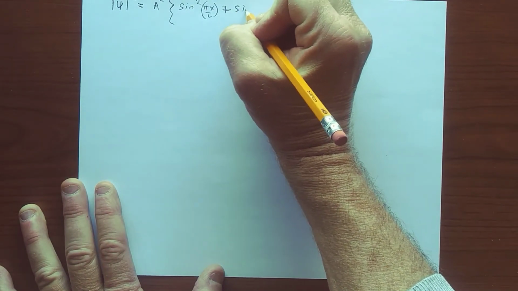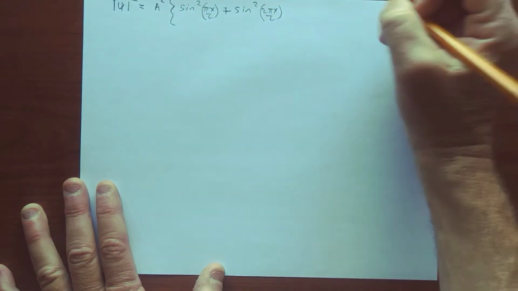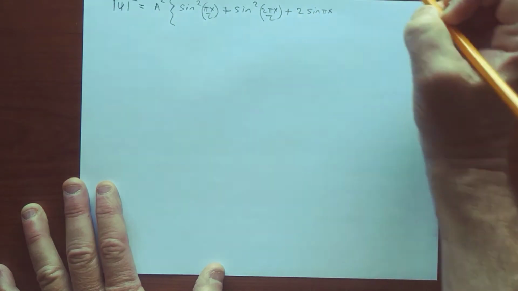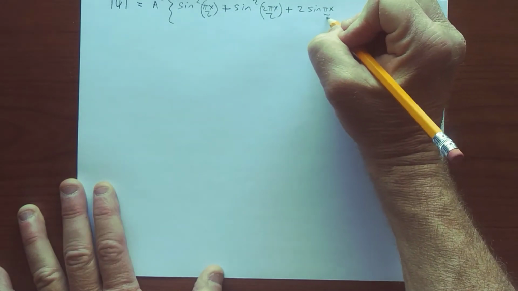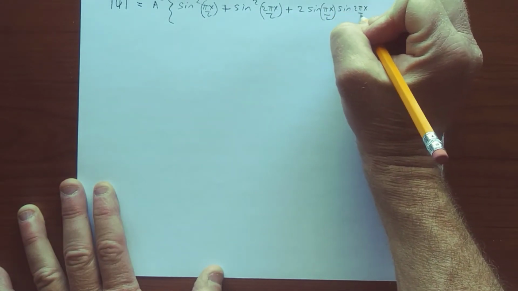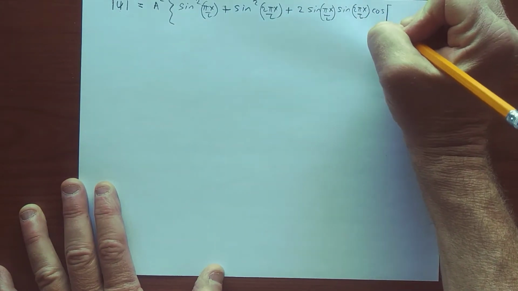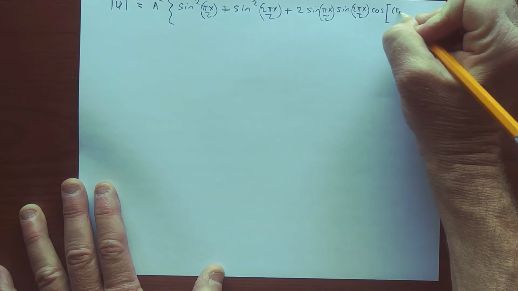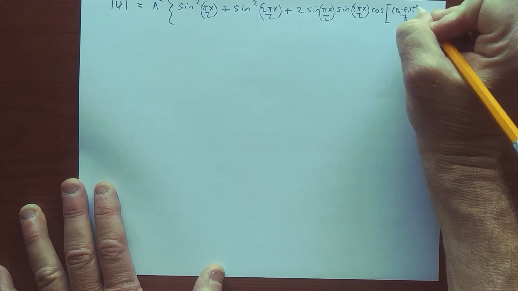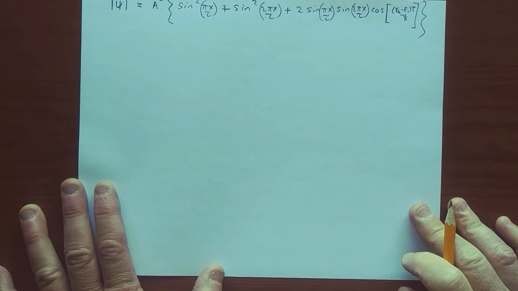The second one gets squared, 2 pi x over L. And then we had the cross term with the time dependence, sine pi x over L times sine 2 pi x over L with the cosine function that involves the energy difference, E2 minus E1 times t over h bar, and that's the probability density.